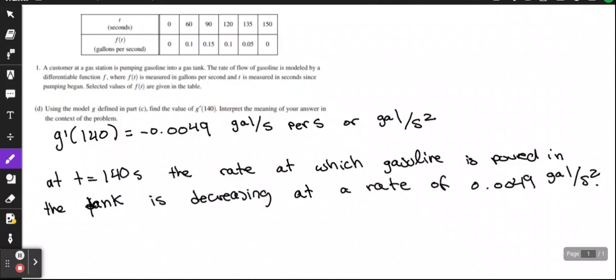And it's decreasing because g prime of 140 was negative, so keep that in mind when writing your answer.